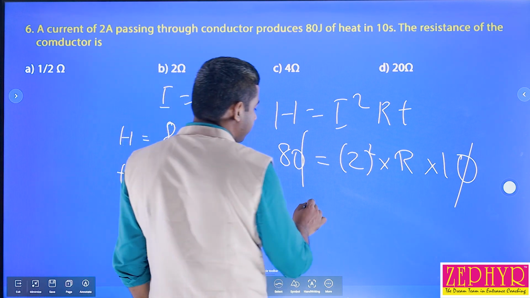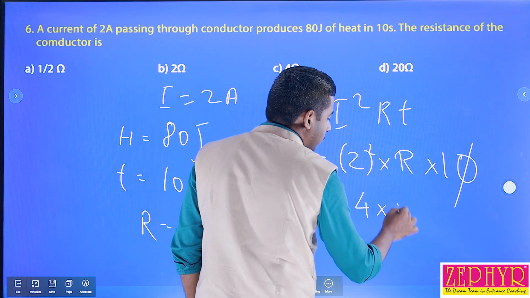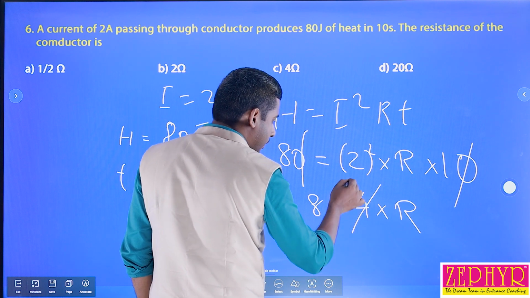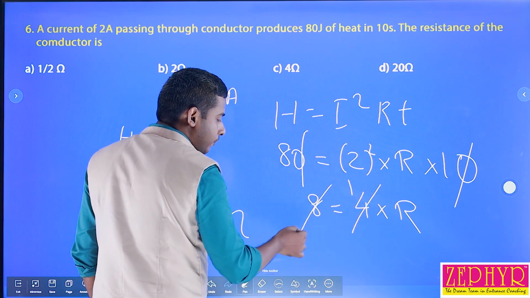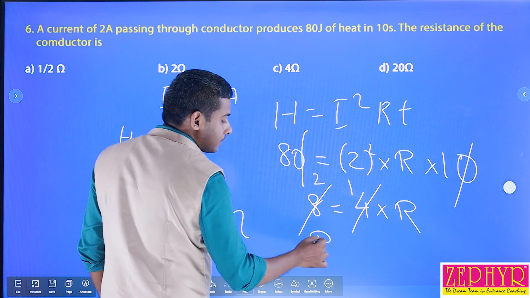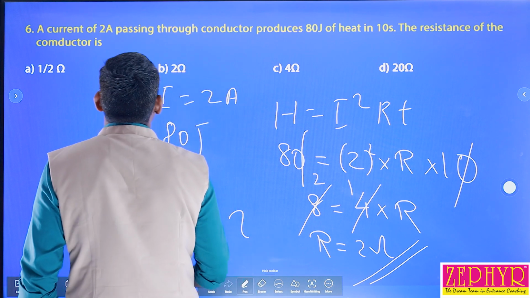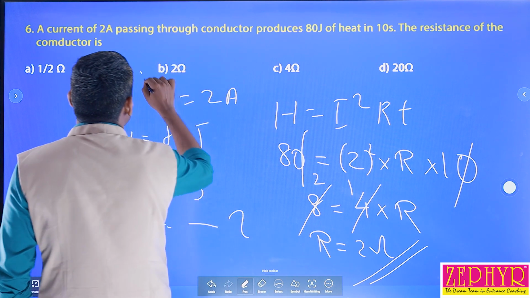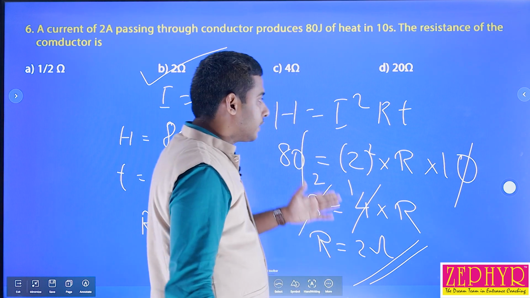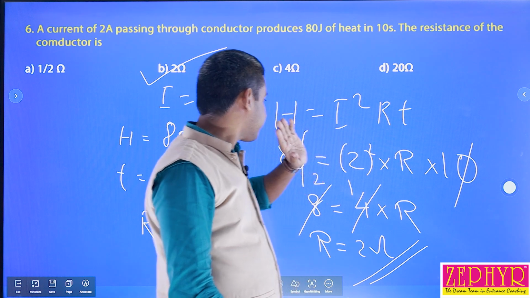So the remaining term 8 will be 4 into R. In 4 how many 4? 1. In 8 how many 4? 2. So the final answer R will be 2 ohm. So dear students, our answer is nothing but option number 2, 2 ohm. Once again I will repeat, H equal to I square RT.